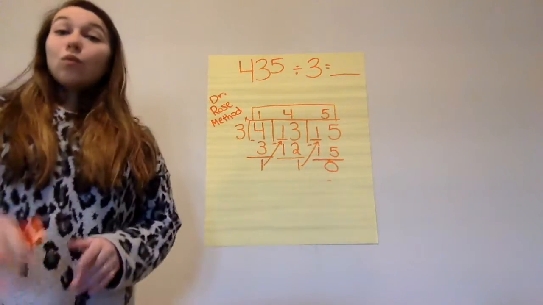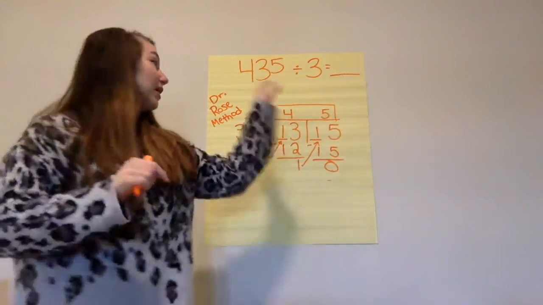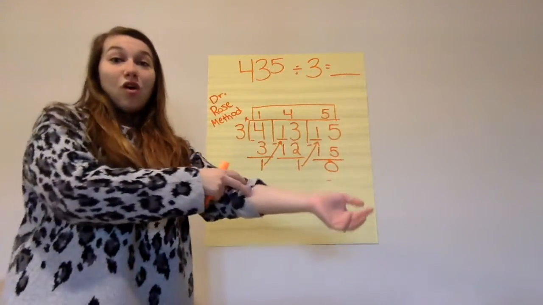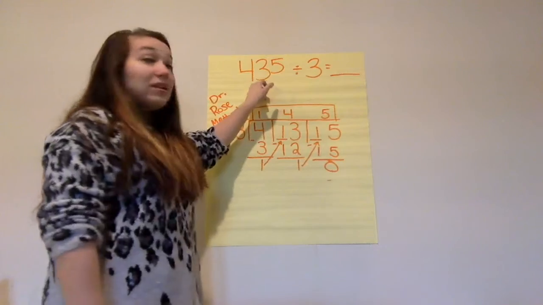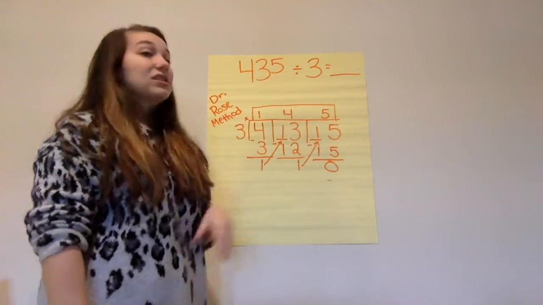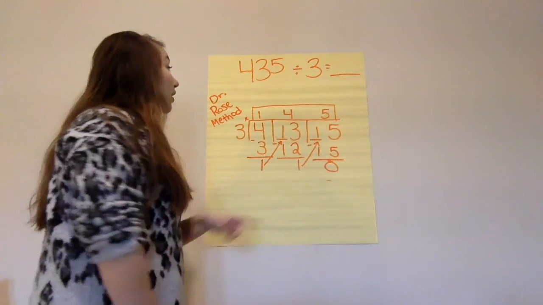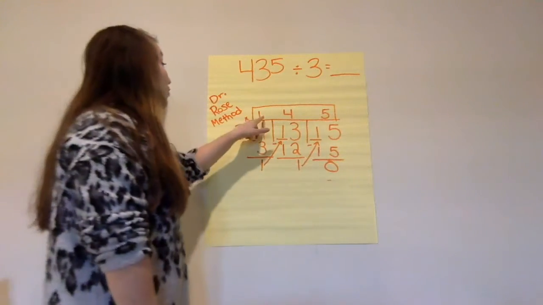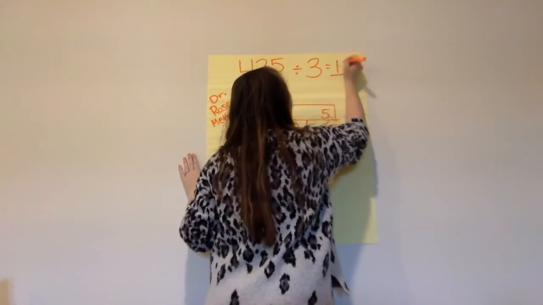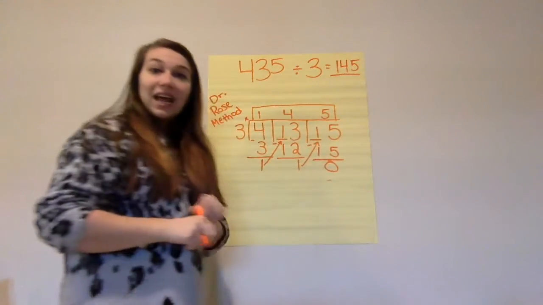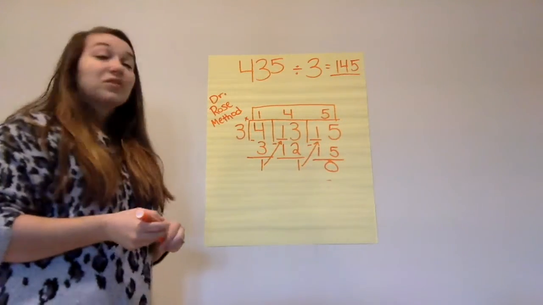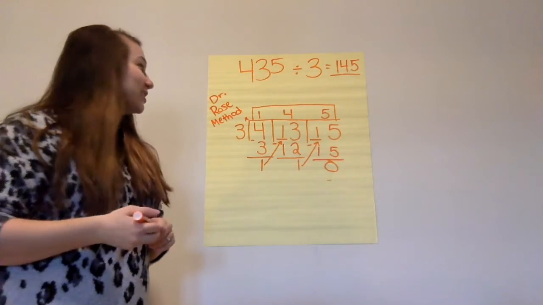So the numbers you're putting on the top add together to make our answer. So if I want to read 435 pages in 3 days, that means I am going to have to read 145 pages per day. Whew, Miss Grillo's got a lot of reading to do.